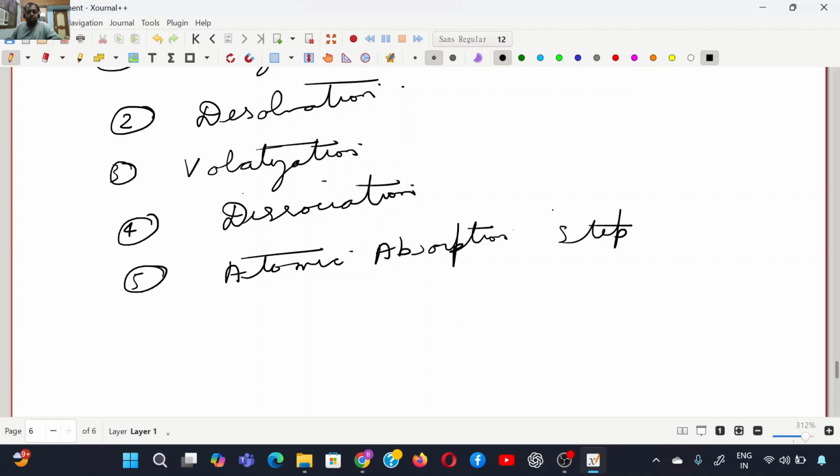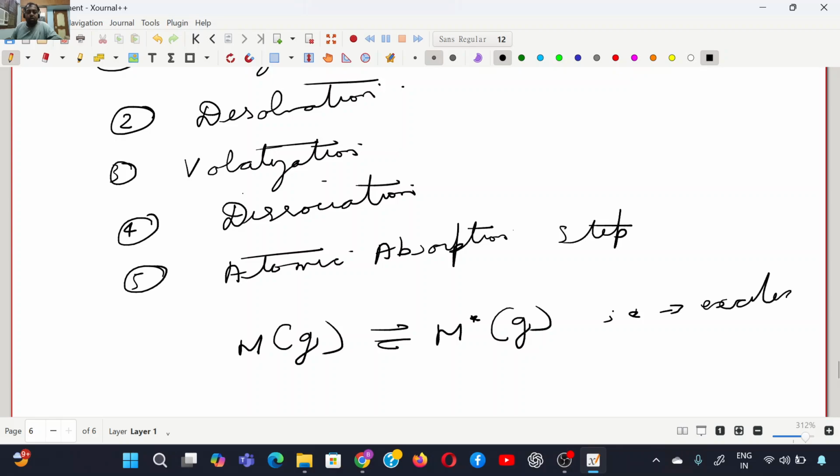In this case, you have a free metal atom, say M in the gaseous form, and it gets converted into M star, where the star denotes the excited state. So from ground state to excited state in the gaseous form. That's the atomic absorption step.